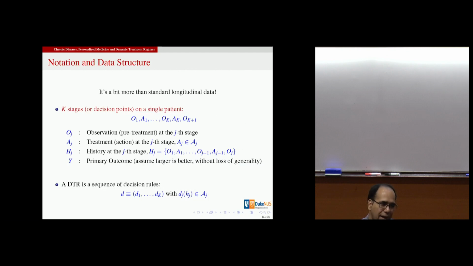This is all a finite situation. So it's not exactly the classical MDP setting.